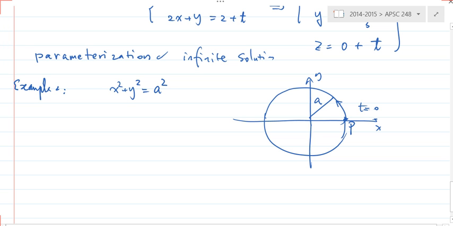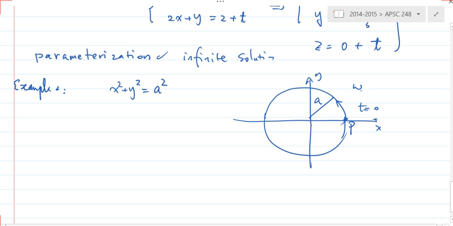As you learned in first year dynamics, it's going to rotate around the circle with an angular speed omega. So rotational motion, moving around the circle with the angular speed omega.